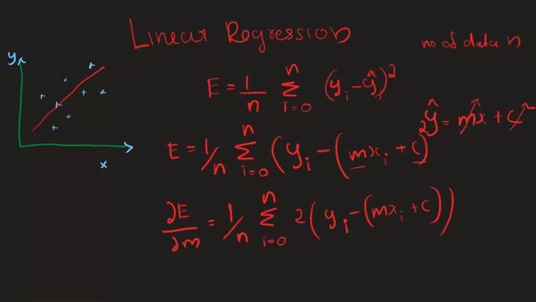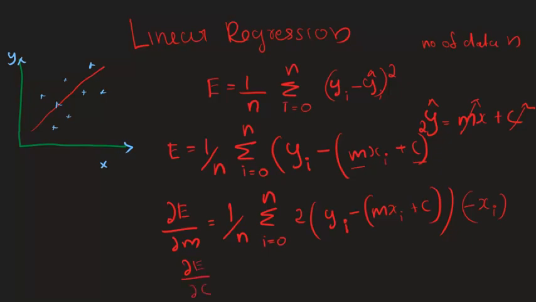Here everything except m is constant, so this whole thing will turn to 0, and the only thing left is minus x_i. It will be the same for dou E by dou c.